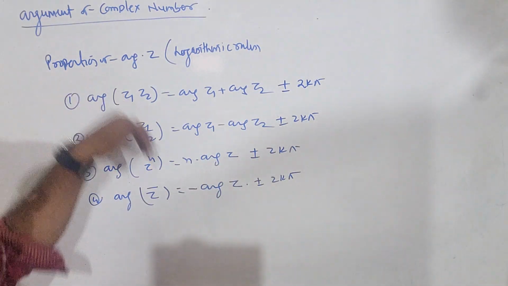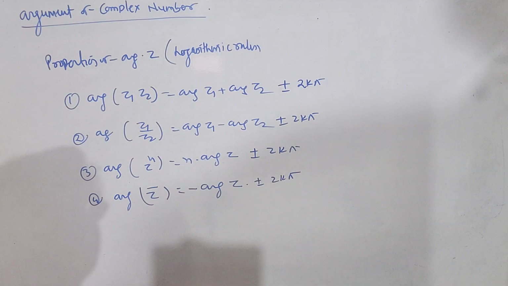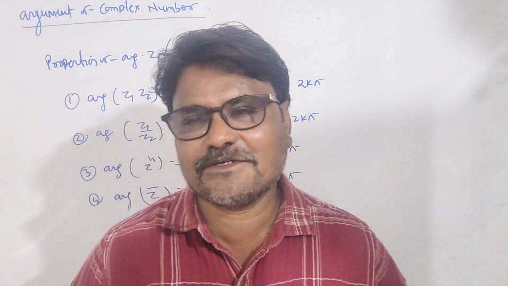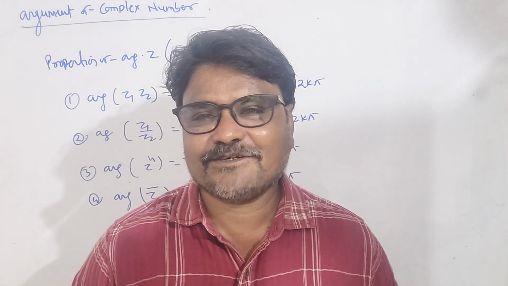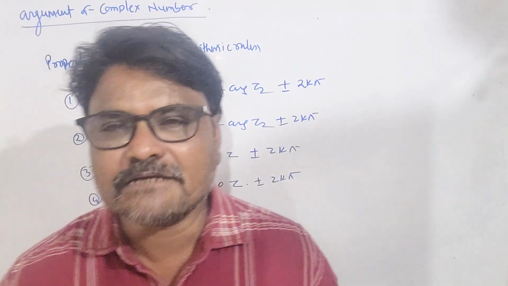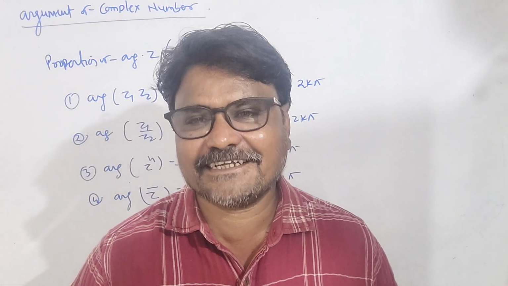Now on the basis of these properties of argument of Z, we can have so many curves, so many loci of Z. It is not the case that only argument of Z equal to pi by 4 represents a ray.